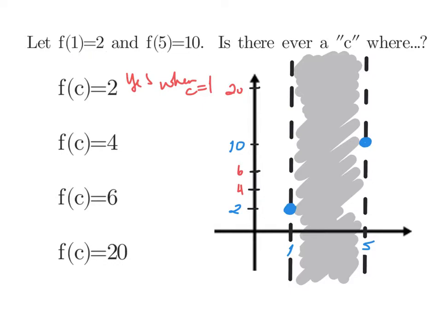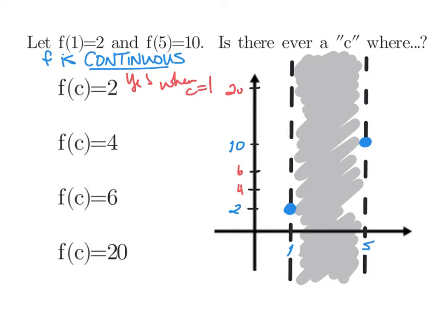But as soon as we add one more crucial piece of information, we learn a lot more about the function, and that is that f is continuous. As soon as f is continuous, then we know a lot more about it. We know what's happening in between 1 and 5.